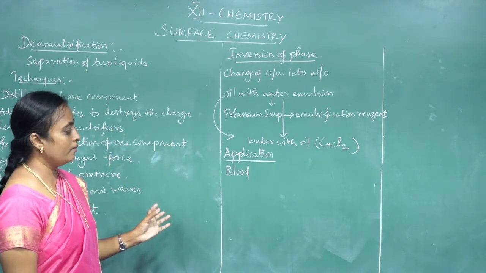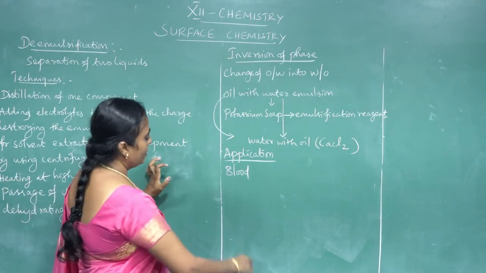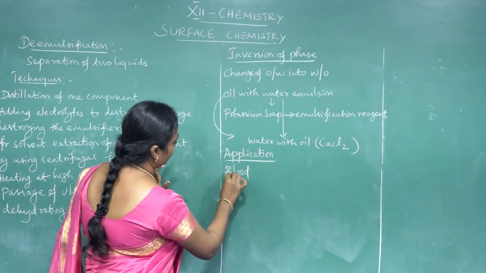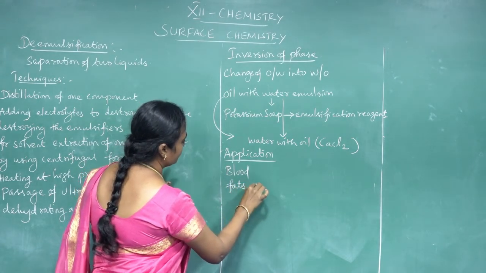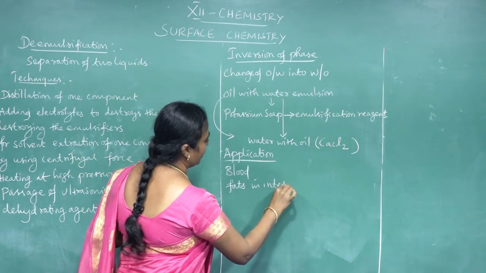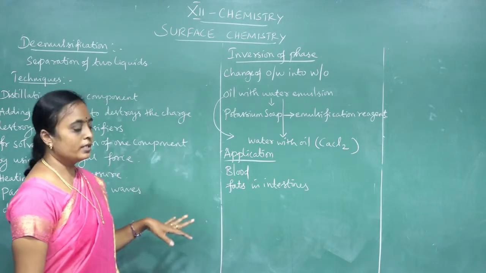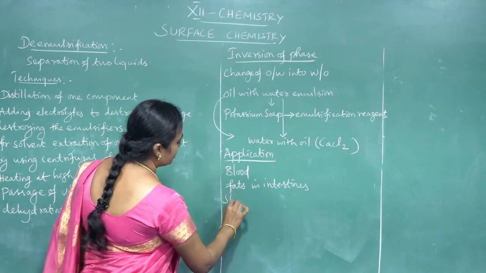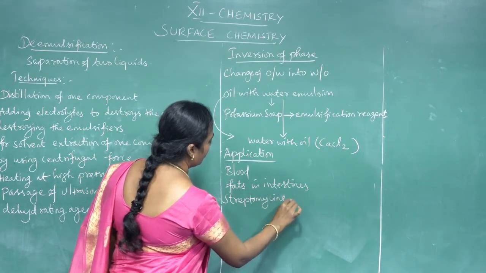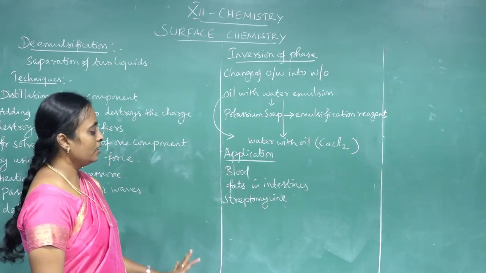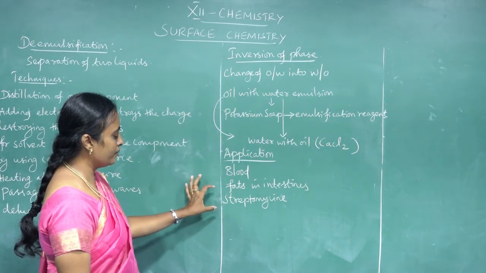In the same way, fats in the intestines are also in the colloidal form, and streptomycin is also in the colloidal form. So blood, fats in the intestine and streptomycin.